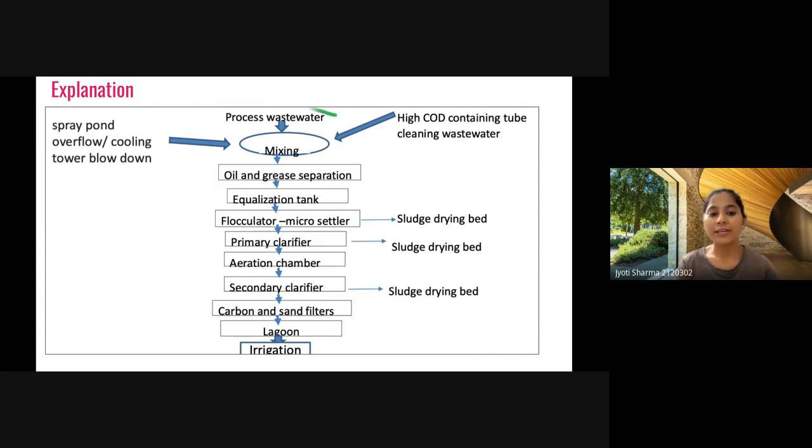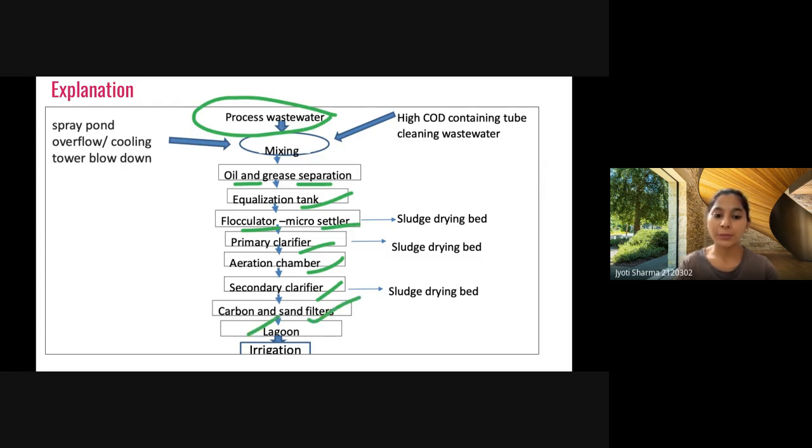We have the wastewater from the sugar industry that we have to first mix. Then we also have the oil and grease separator, where we will separate oil and grease. Then we have the equalization tank, and then we will have the flocculator and microsettler. After that we will have the primary clarifier, then aeration chamber, secondary clarifier, carbon and sand filter.